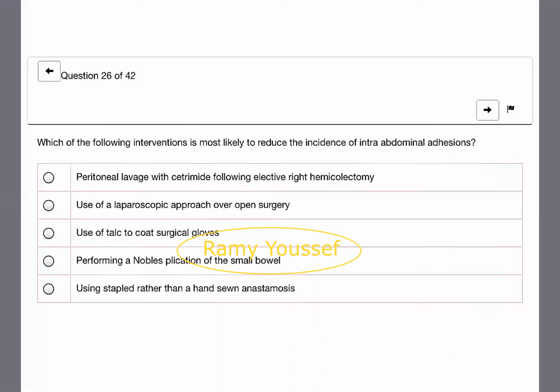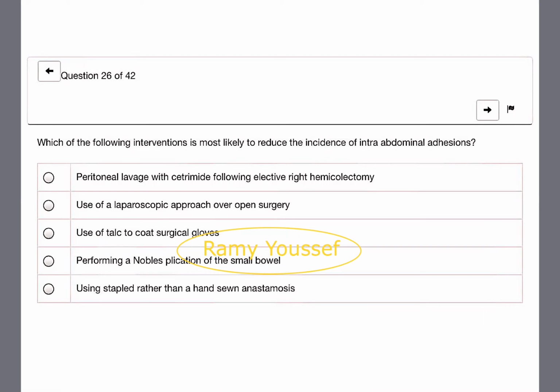Next question. Dr. Idugo, ready? Okay. Which of the following interventions is most likely to reduce the incidence of intra-abdominal adhesions?